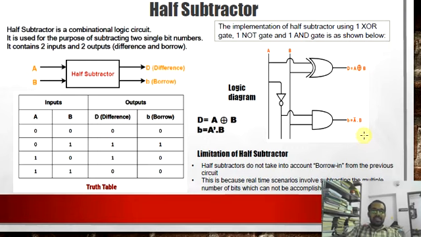But in a real scenario, it involves subtracting multiple bits, and we also need to consider the borrow from the previous stage. So we need a full subtractor, which considers the borrow in from the previous stage.